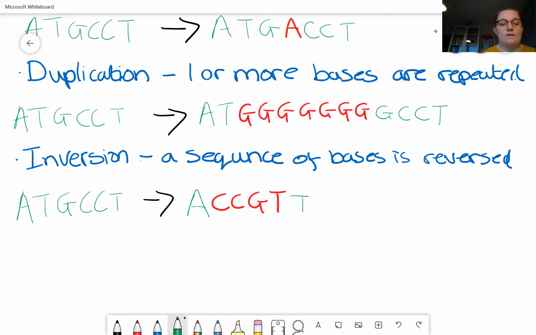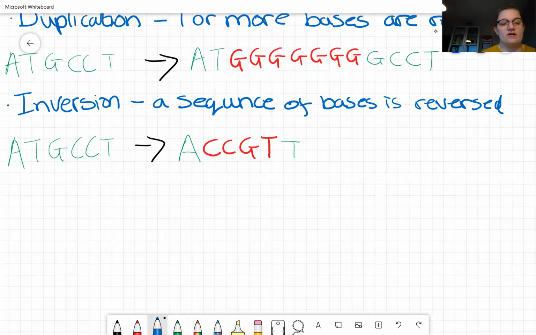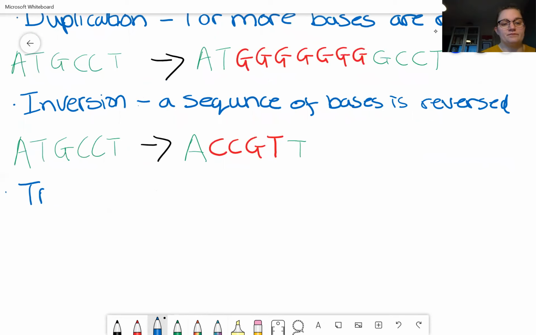And our final one is translocation. Translocation is a little bit complicated. Basically, a sequence of bases is moved from one location in the genome to another.